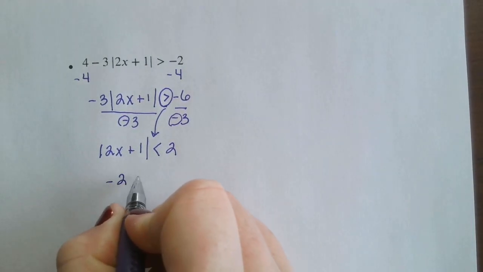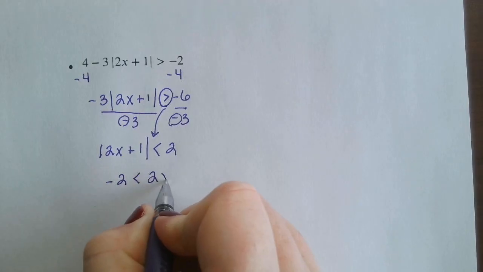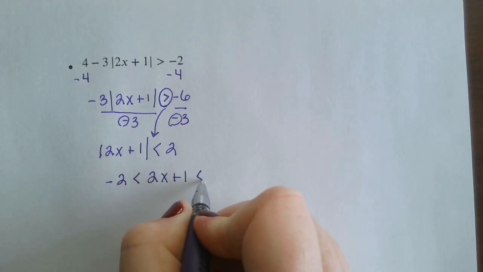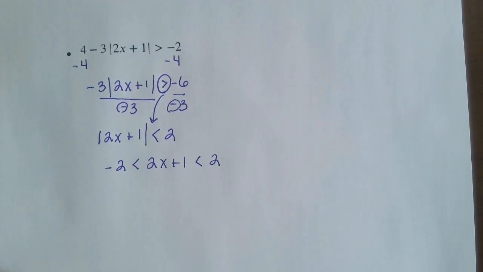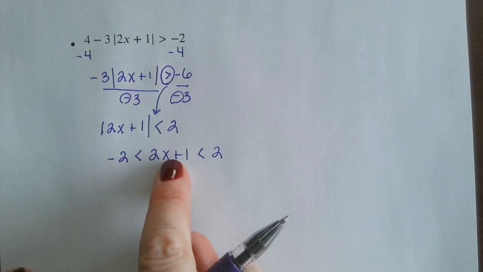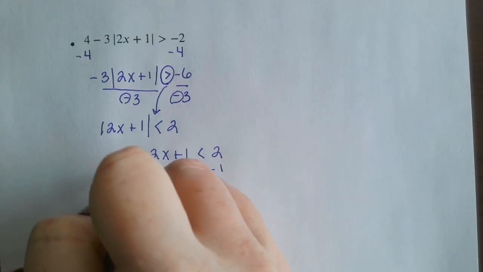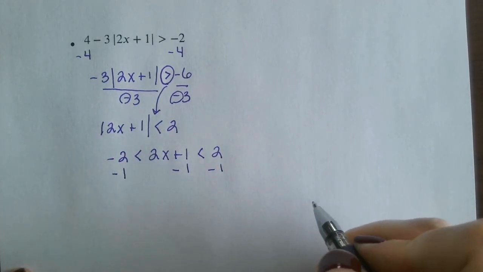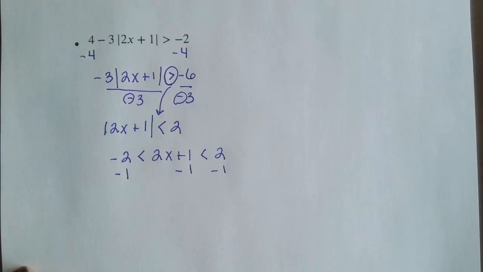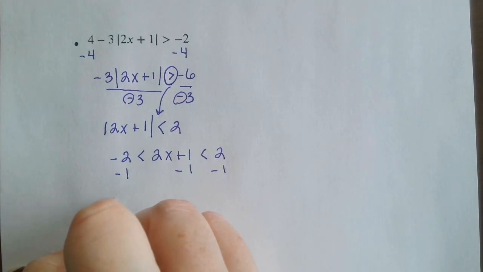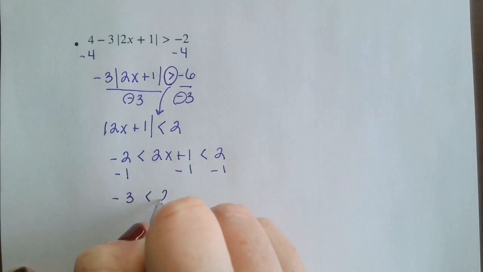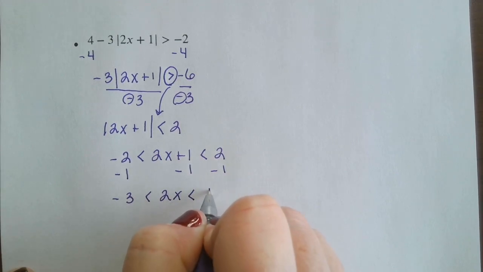Setting this up, I'll have -2 less than my argument, the 2x plus 1, less than +2. Now our goal is to get x by itself. We really have two different inequalities here, so I do need to subtract 1 from everything. This gives me -3 less than 2x less than 1.